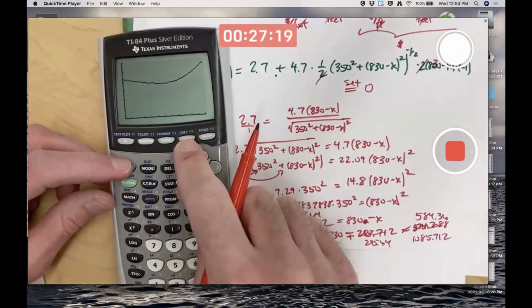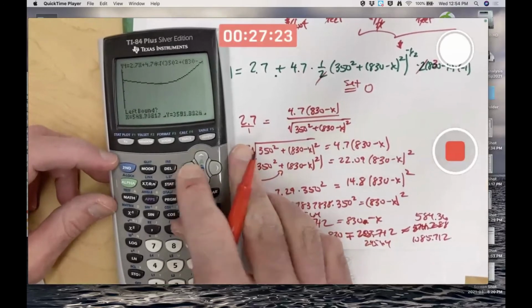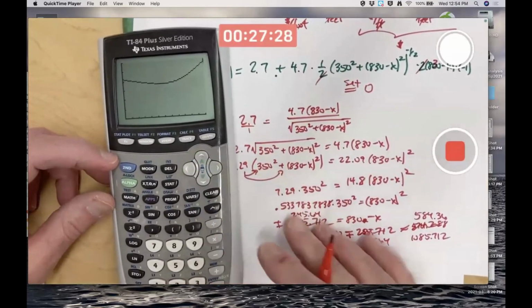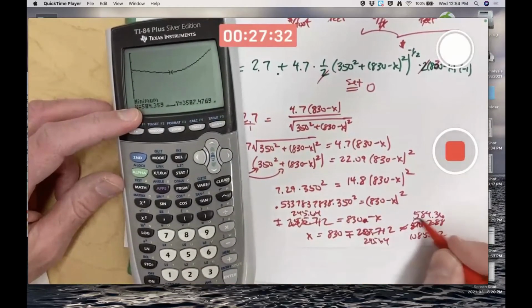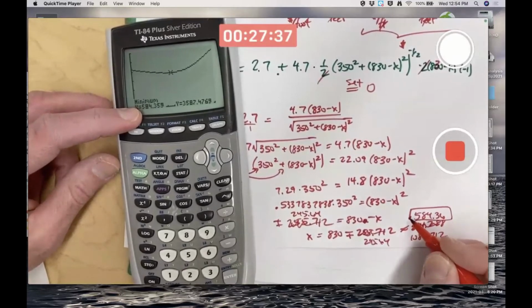And in the graph, I believe that was the minimum, right? Yeah, 584.36. So that's the value of x that's going to minimize the cost. What's the actual minimum cost?